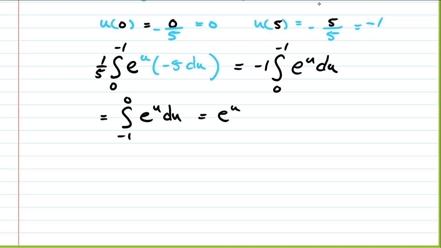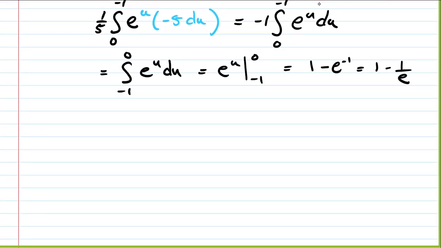So e to the u's antiderivative is e to the u. From negative 1 to 0, that is e to the 0, which is 1, minus e to the negative 1. So 1 minus 1 over e. We could get a common denominator, e minus 1 over e, but I don't think it really makes it any simpler.